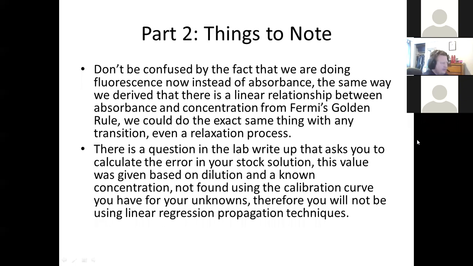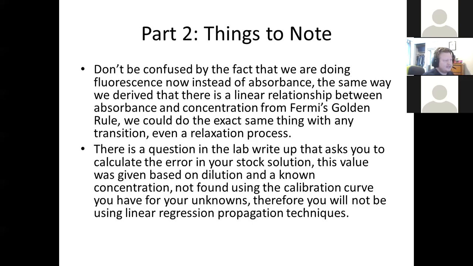The last thing I would look out for is there's a question at the end of the lab write-up that asks you to calculate the error in your stock solution. They give you sources of error. Basically, when you're making the stock solution, you had a known concentration, then you had to dilute, so you had volumes you had to transfer, and the dilution in your glassware has a certain error associated with it, which they give you in the lab write-up.